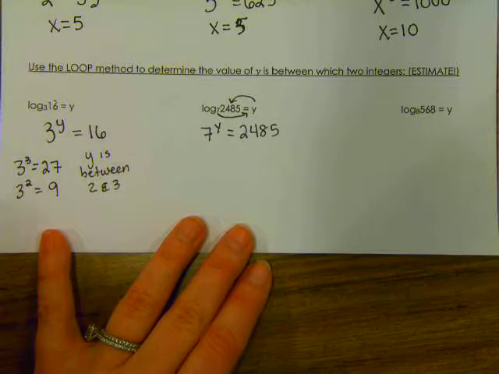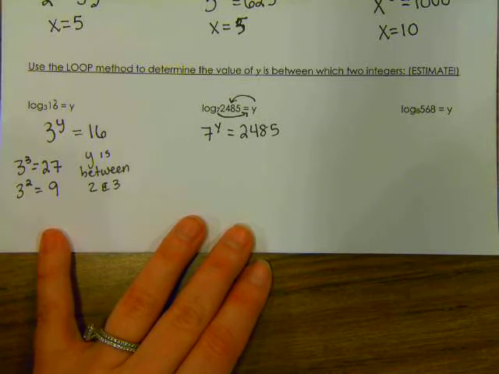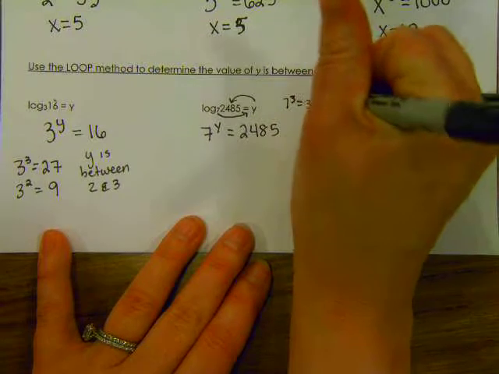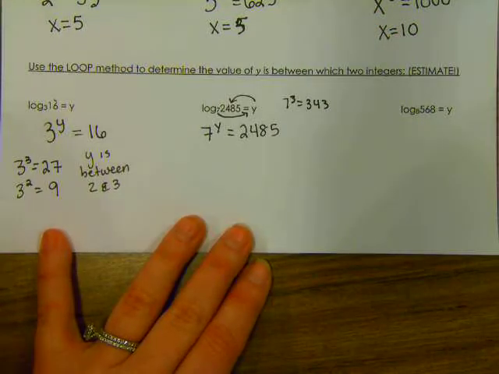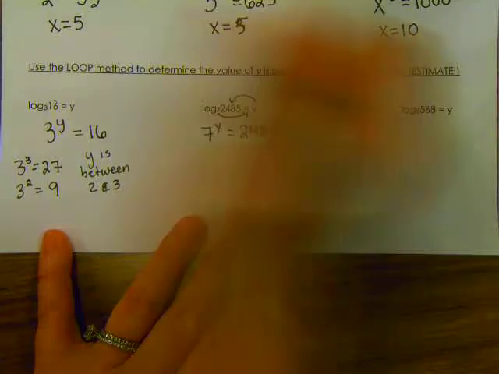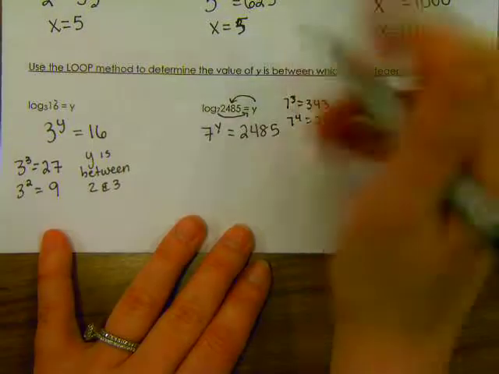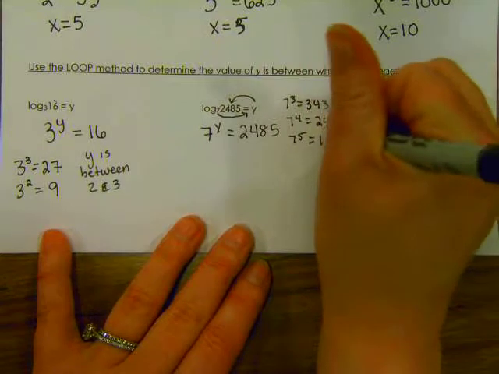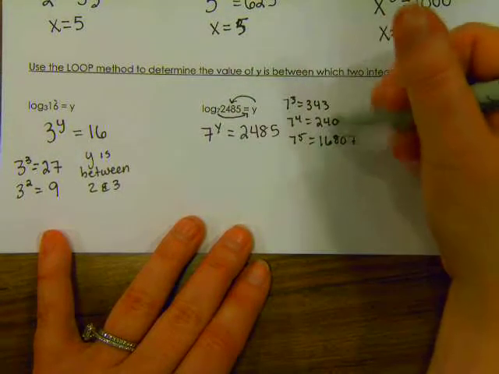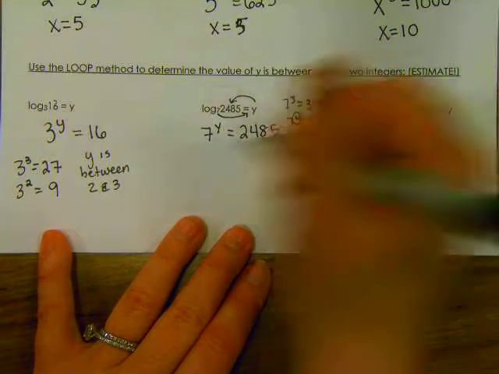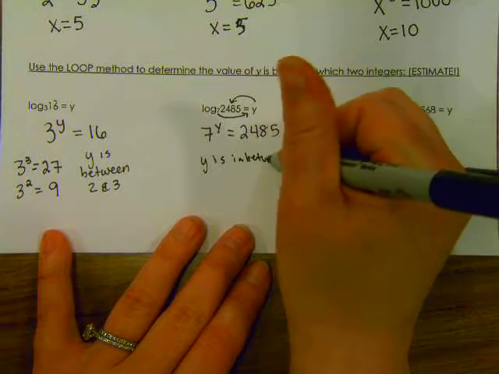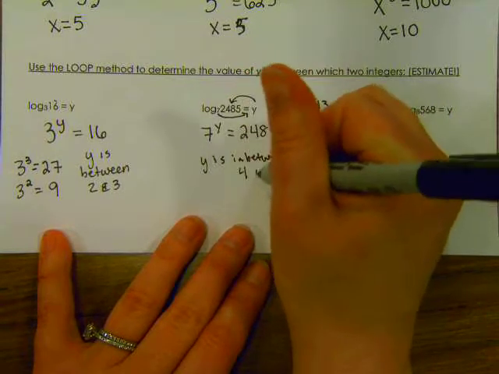I'm looking at my chart now. 7 to the third is 343. 7 to the fourth is 2,401. 7 to the fifth is 16,807. So clearly this number is in between here. So y is in between 4 and 5.